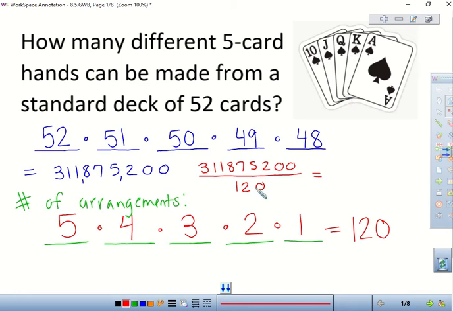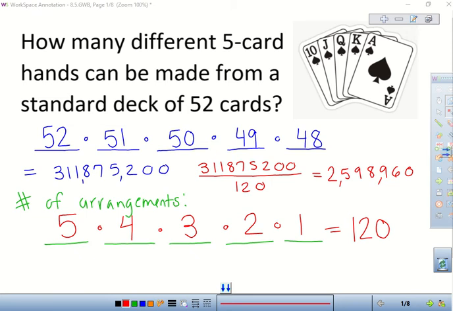So that amount comes out to be 2,598,960.